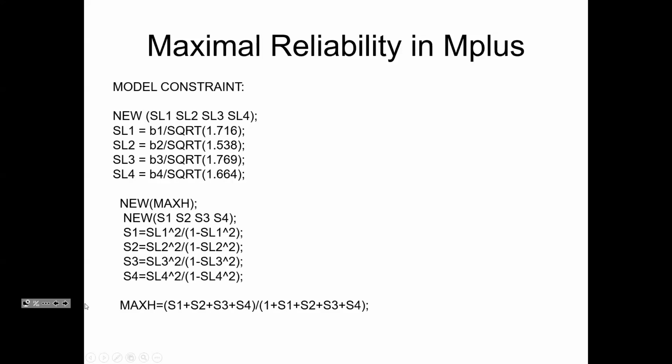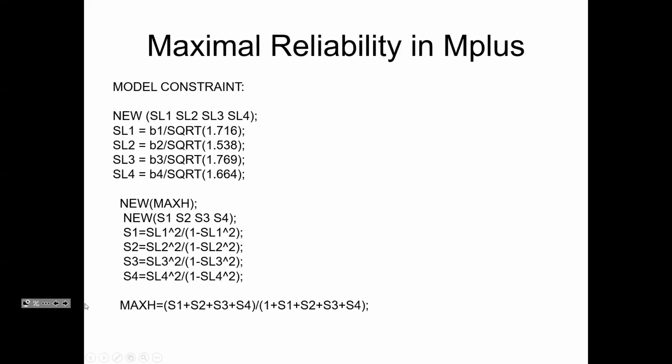Here, I'm taking the standardized loading minus the square. Get those pieces that I needed. So what I said is, because I fixed the factor variance to 1, I don't need factor variance.